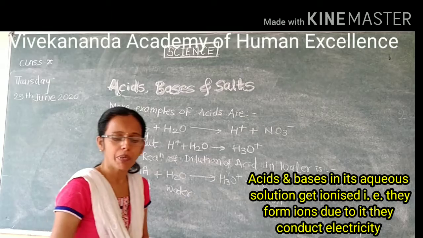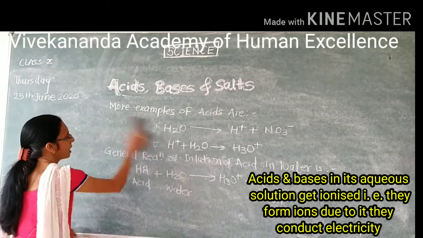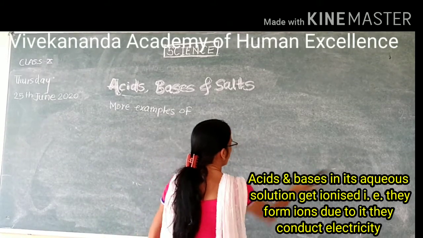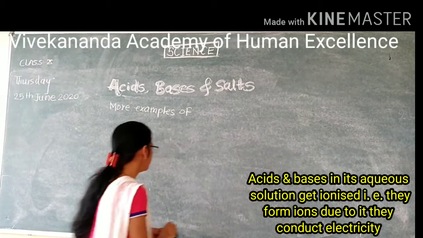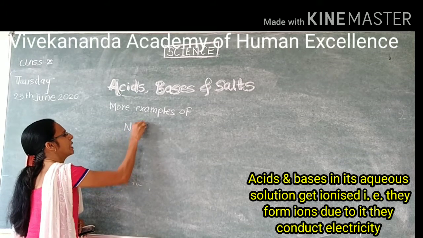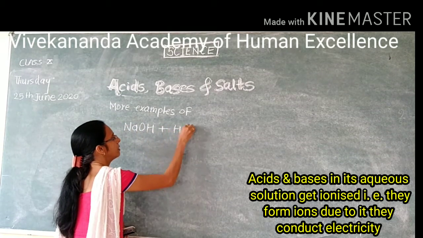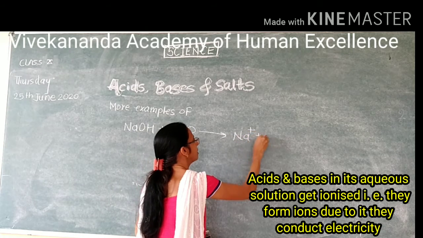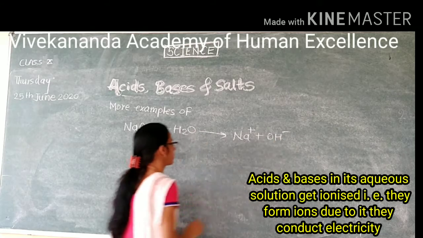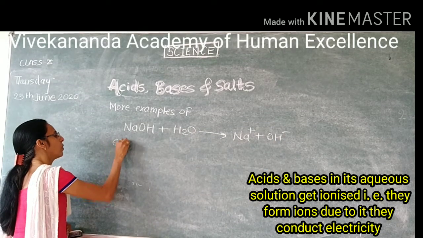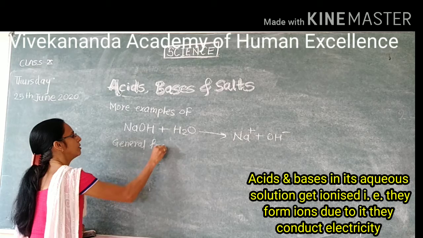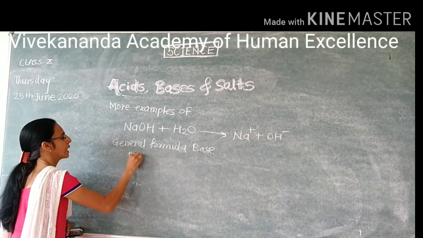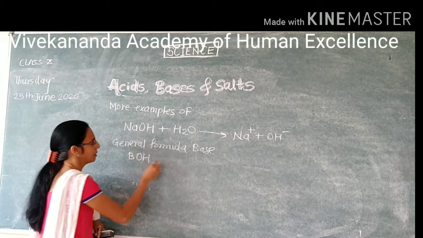Now for the base. Bases have common hydroxyl ions. When they are added into the water, or diluted with water, in aqueous solution, they give positive ion and negative ion. Suppose in the case of NaOH, Na plus and OH minus, that is the hydroxyl ion. So the general formula for the base is BOH, because OH is common, and B is the cation.